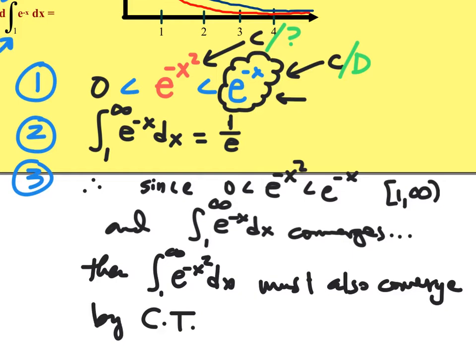Now, we don't know anything about what this converges to, but we sure know it will be less than 1 over e.